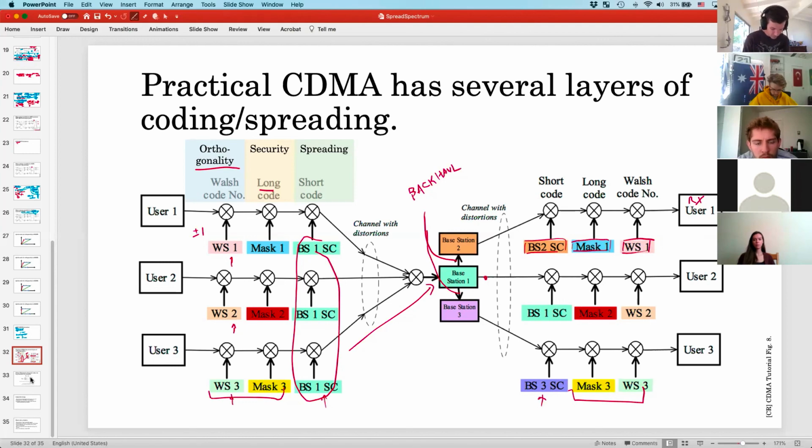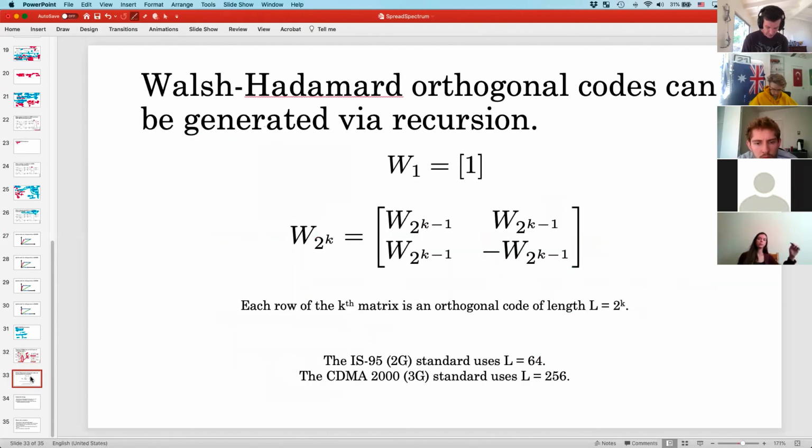Okay, so what can we say? Oh yeah, how do you construct orthogonal codes? One way to do it is this Walsh-Hadamard operation. Basically you end up nesting square matrices in the corners of bigger square matrices, the result of which would be a 2 to the k size matrix after you do this k times.